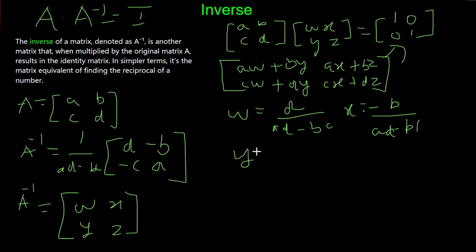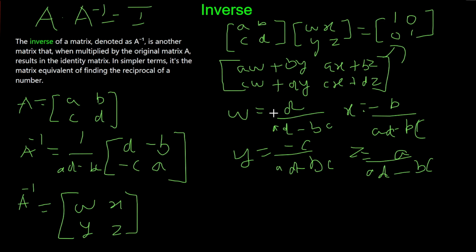Similarly for Y, we will have minus C by AD minus BC. Similarly for Z, we will have A by AD minus BC. We can reach this solution by solving the equations using elimination or Cramer's rule. So once we found the solution, that's it.